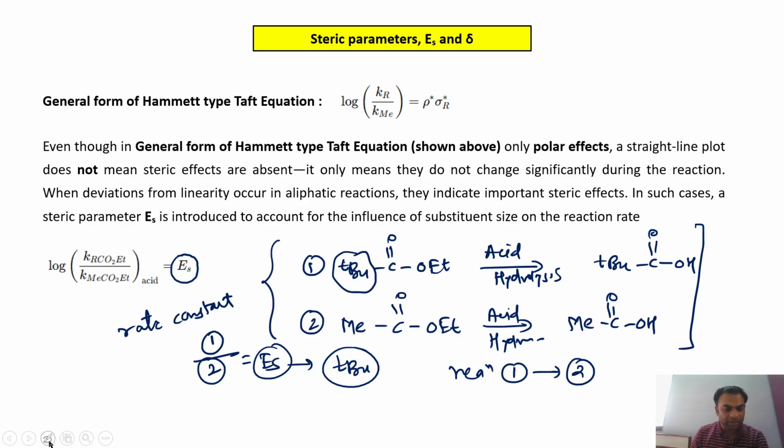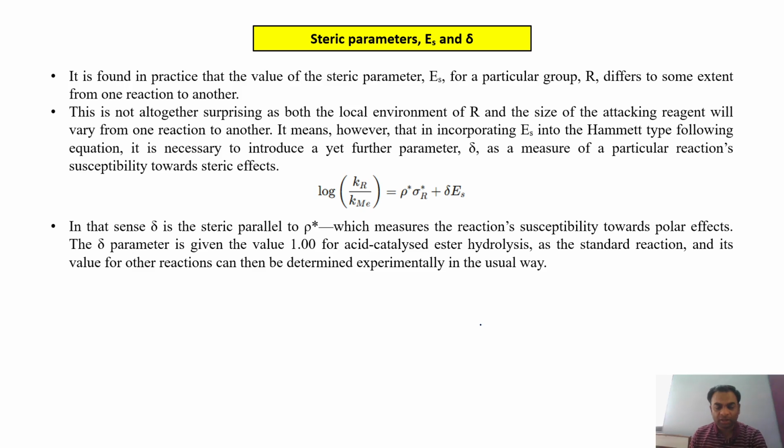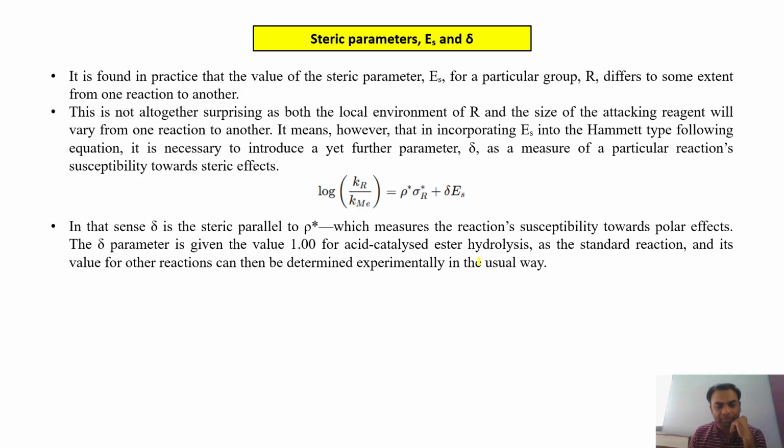Now the Taft equation gets modified. But before modification, there is one more factor, delta, which is to be introduced in the Hammett type Taft equation. Now why is it necessary to introduce such a delta parameter?